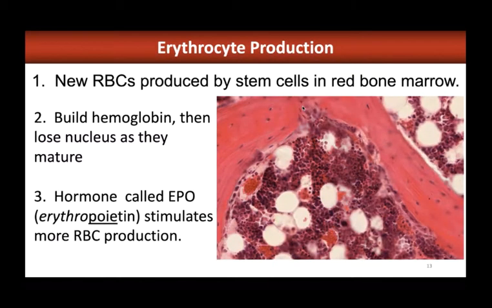Okay, so erythrocytes are produced in red bone marrow, as I said, and they spit out the nucleus as they mature. We're looking at some spongy bone here, up close and personal, a bunch of red bone marrow, and then some small blood vessels that are going through the red bone marrow.